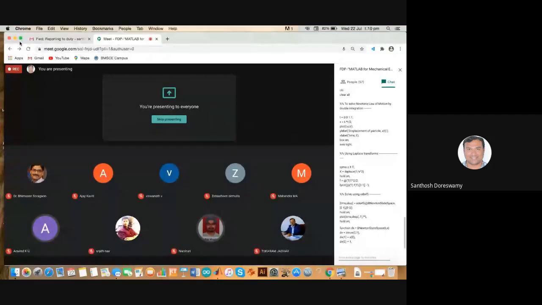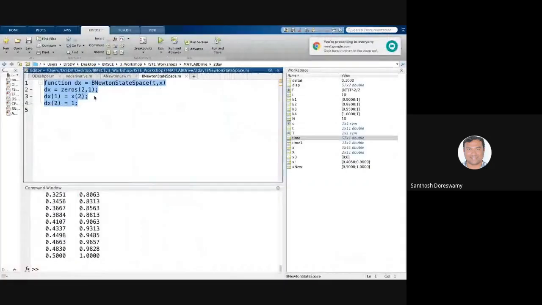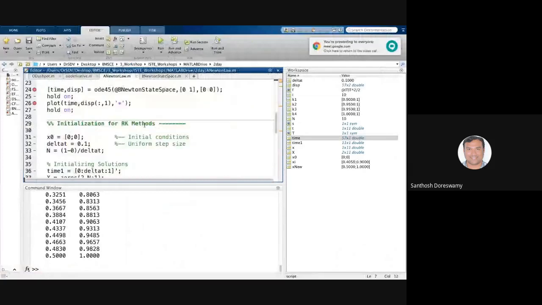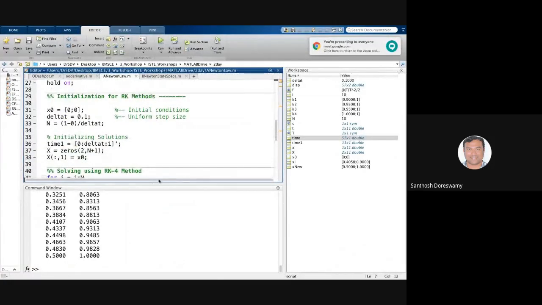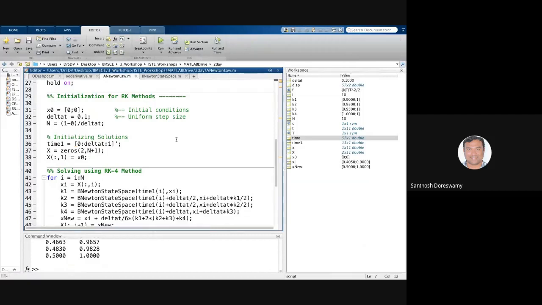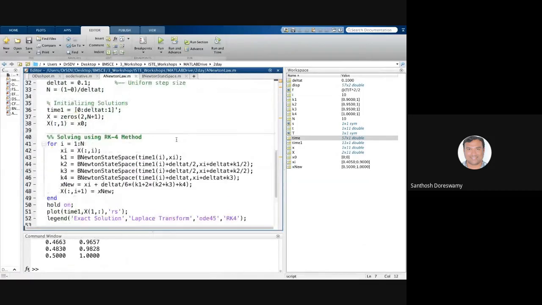Now, if you want to use your RK4 method, it is absolutely the same program that I've written, no difference. But the change you will have to note from the previous program to this program is that x, the solution for this equation, comes out as two column vectors, because the first column represents the displacement and the second column represents the velocity.